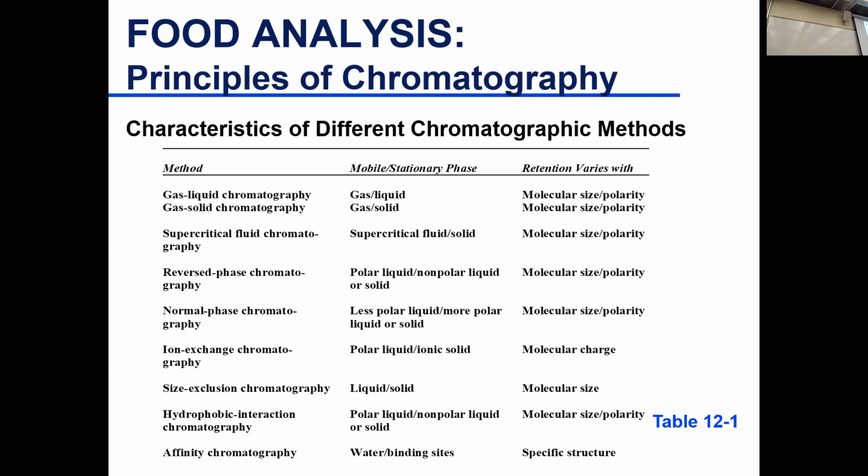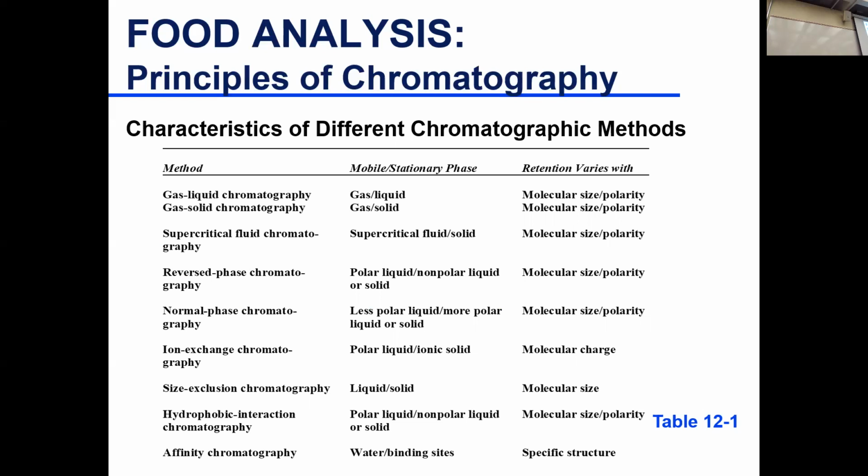In gas chromatography, it really depends on the molecular size and polarity, and also the thermal stability, that means the volatility, of what temperature the compound is volatile at. So this is important. In reverse phase, polarity and also molecular size. The same for normal phase. Ion exchange depends on the charge and the valence of the charge.